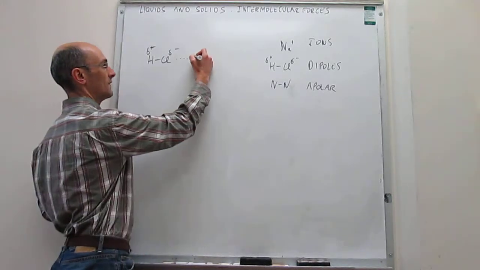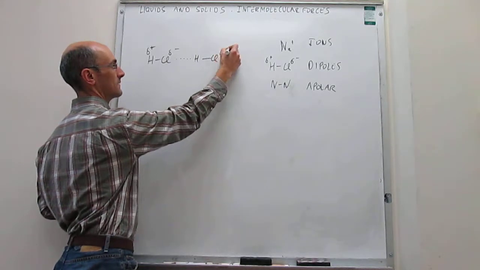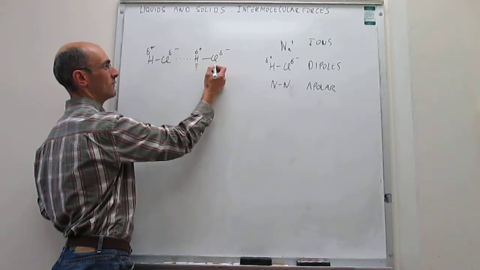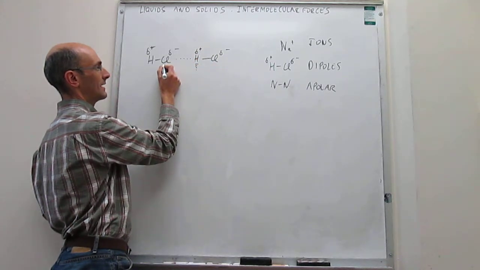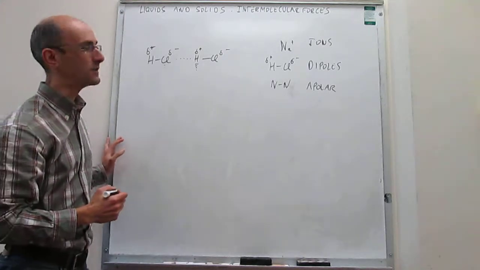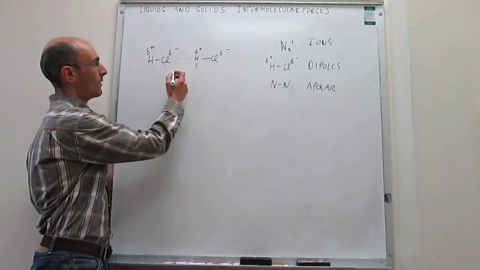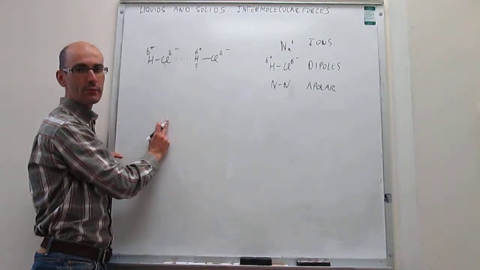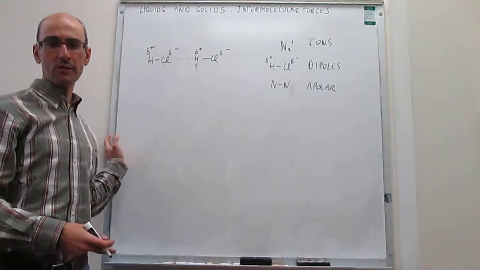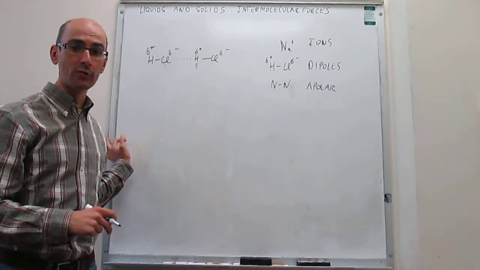Notice that the positive end of one of the dipoles is in the line of sight of the negative end of a neighboring dipole, and that establishes a fairly strong intermolecular interaction. This is what we call a dipole-dipole interaction, and while reasonably strong, it is quite weak compared to a covalent bond.